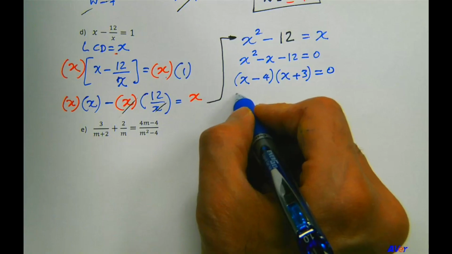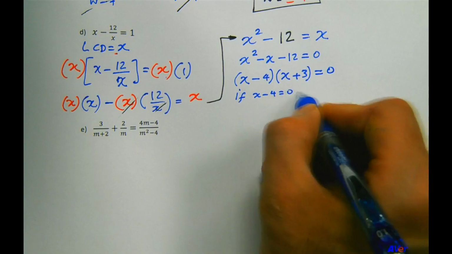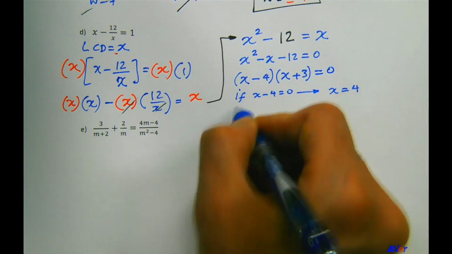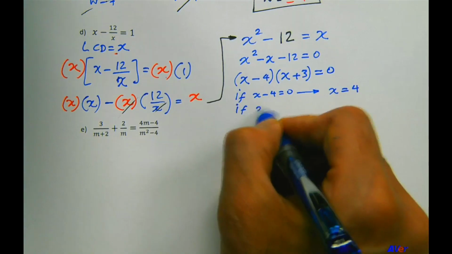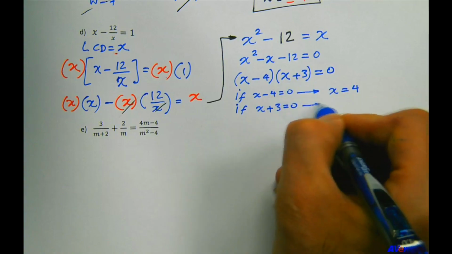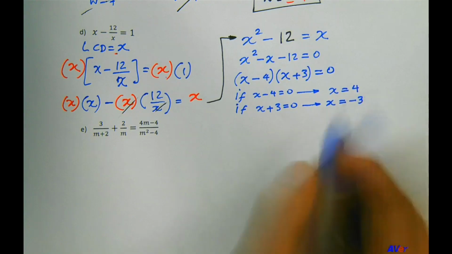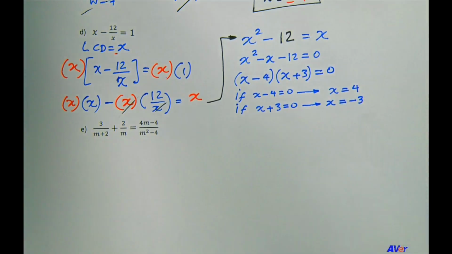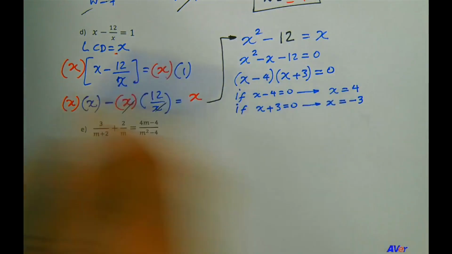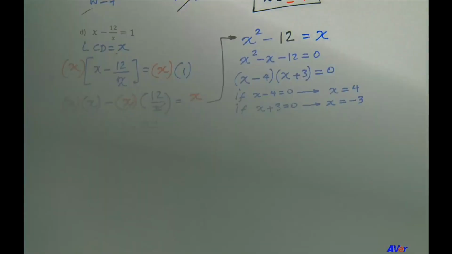So let's set each factor equal to 0 and then solve for X. So if X minus 4 equals 0, then X equals 4. If X plus 3 equals 0, that factor, then X equals minus 3. Should we accept these two? Not yet. We have to check both of these numbers back into the original equation to see if it checks out.